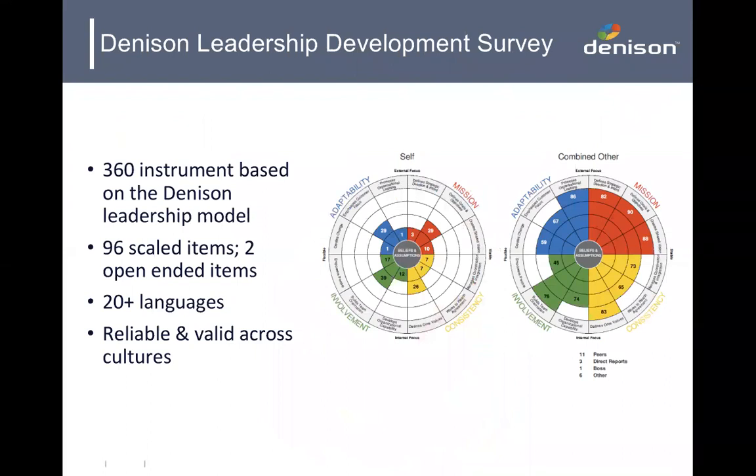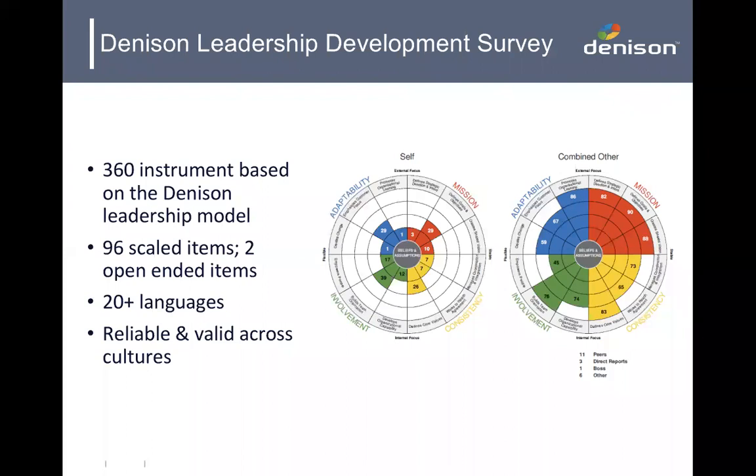This 360, like many, is a contrast between self-perceptions and the perceptions of others. So you can see here, interesting discussion, you can bet, with this leader, their self-perceptions on promotes organizational learning, that's a first percentile score. But their peers, their direct reports, their boss, and others rated them much, much higher, an 86.